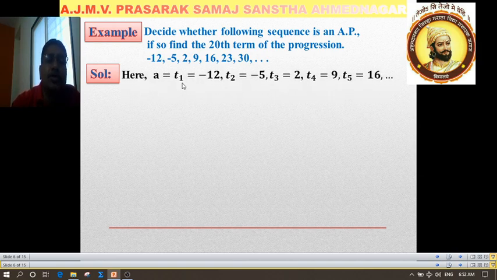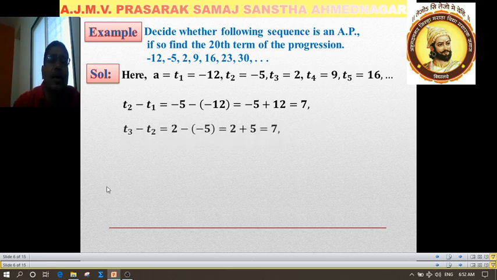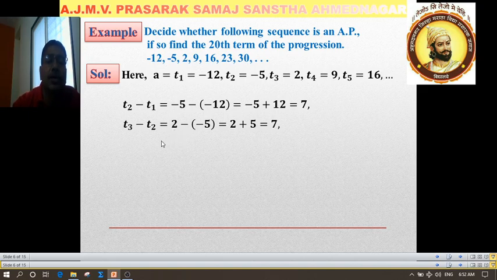Now here a is equal to T1, the first term, -12; T2 is -5, T3 is 2, T4 is 9, T5 is 16. So T2 minus T1: T2 is -5 and T1 is -12, so -5 minus -12 means -5 plus 12, which is equal to 7. T3 minus T2 is 2 minus -5, which means 2 plus 5, equal to 7.